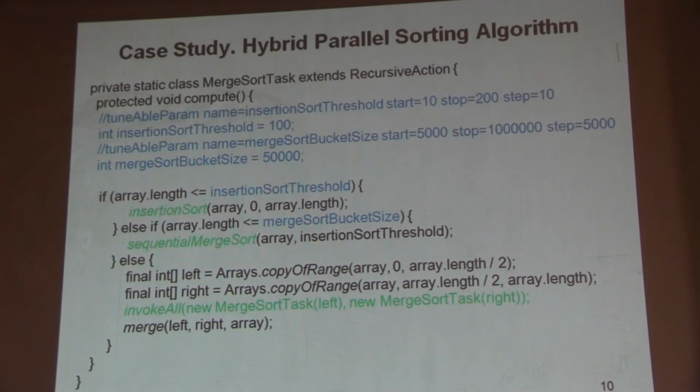So when you have a small chunk of data, small chunk of numbers, and they completely fit in your L1 cache of the processor, you can use insertion sort. Despite it's slower than merge sort, it doesn't require additional memory, and it will perform significantly better because it won't use random access memory at all, and it's faster.